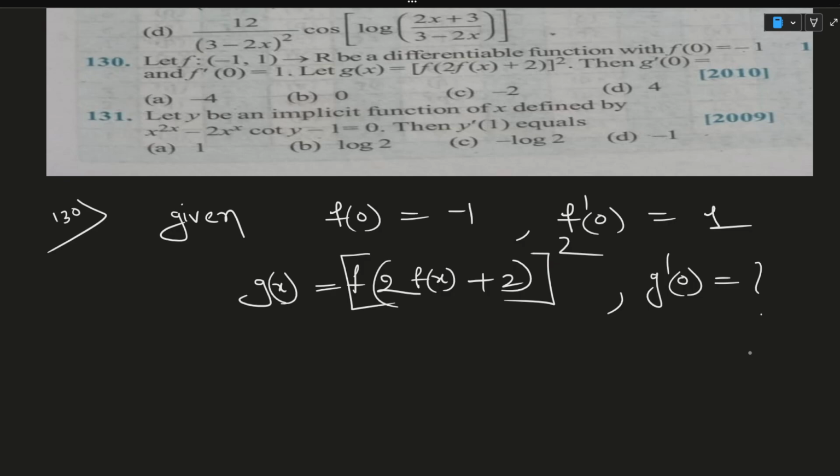So first we'll take the derivative of the function g of x, and then we'll check the value of the derivative at x equal to 0.